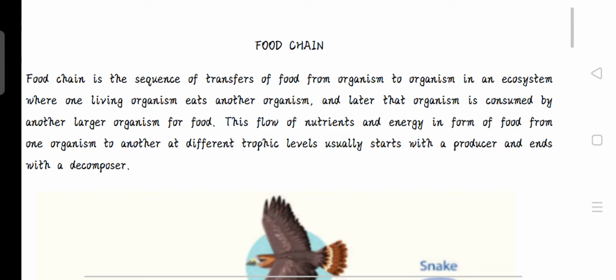So what is food chain? Food chain is the flow or the transfer of energy in form of food from one organism to the other, usually from the producer to the decomposers. So how is this so? The producers make use of the energy from the sun to manufacture food, which goes down the food chain.